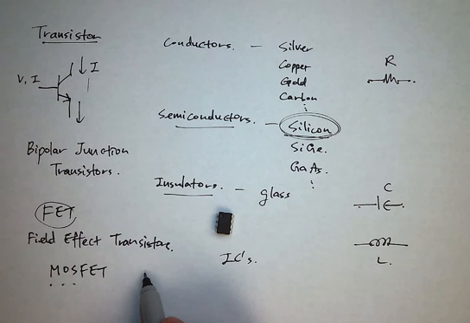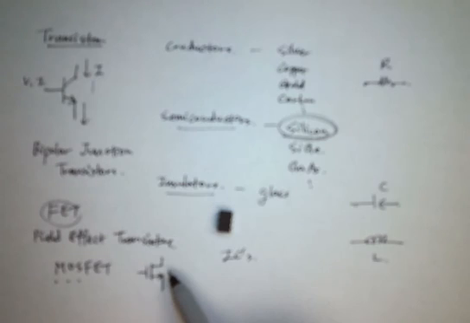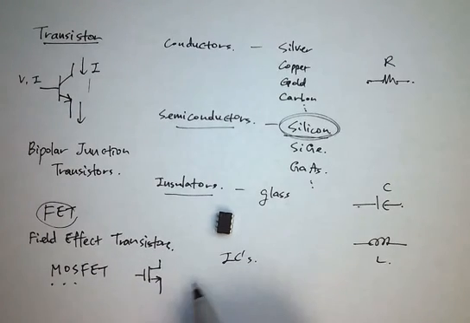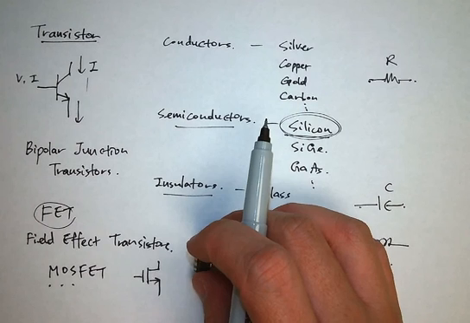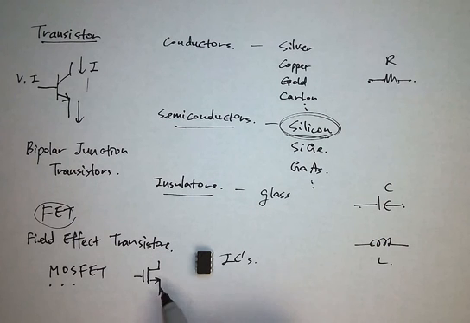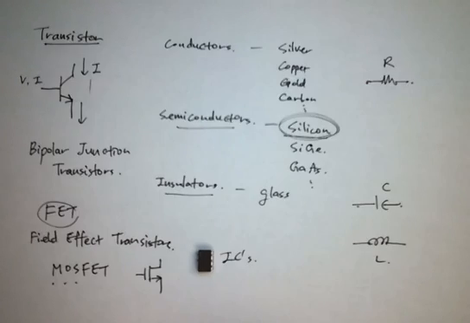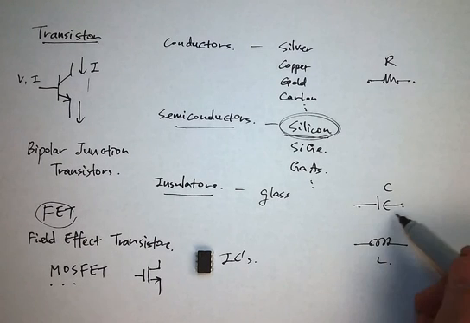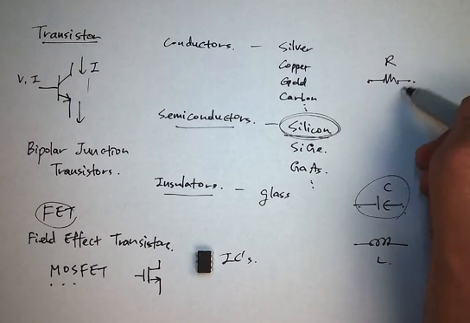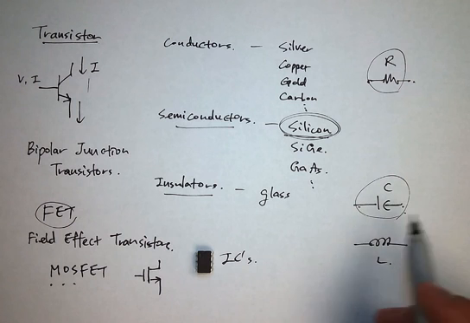The MOSFET transistor has a symbol that looks like this, which is similar to this in that it has 3 leads, but has a slightly different shape. So a chip like this has about 15 to 20 of these transistors inside here, along with capacitors like this and resistors, and perhaps even some inductors, depending on the chip.